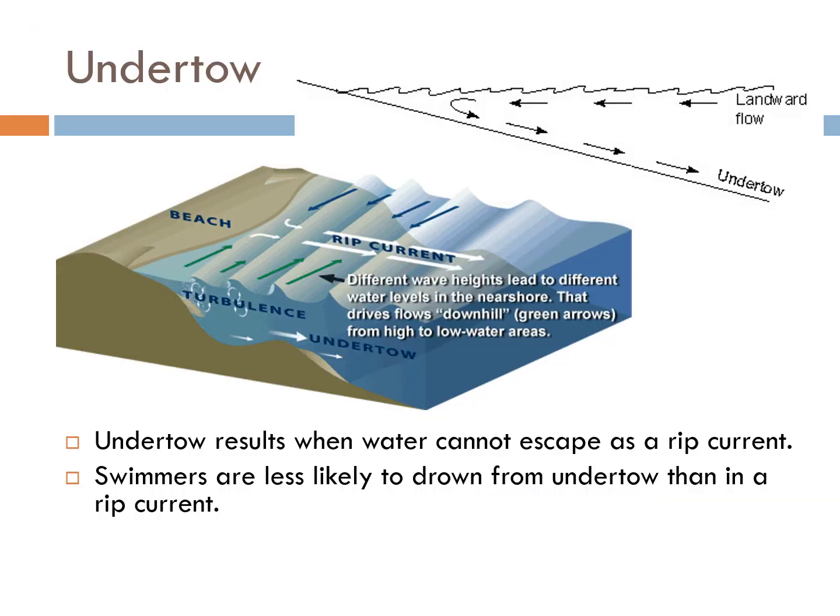Another onshore-offshore current is what we call undertow. Again, it is related to how the wave energy that builds up in the beach area will find a way to relieve itself to maintain the equilibrium of the water surface. So one of the ways for the energy to escape back to the sea is through undertow.